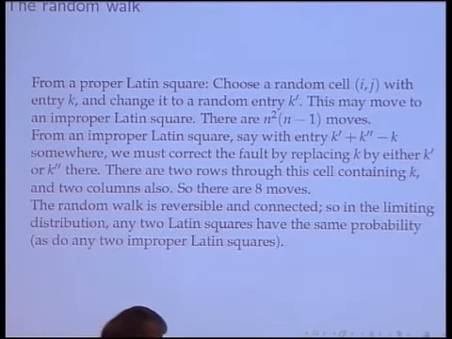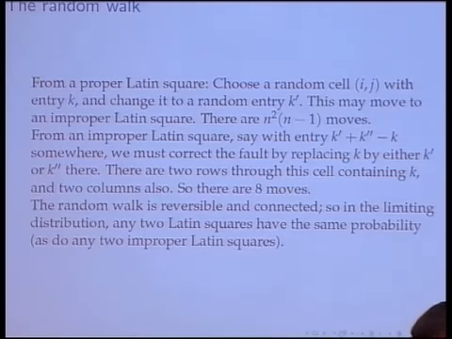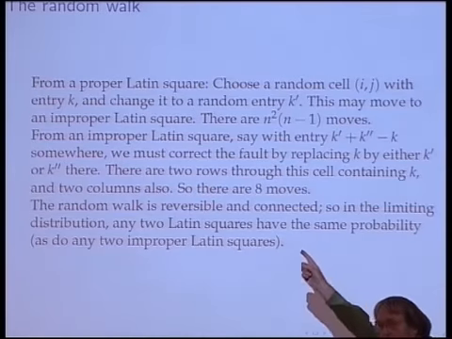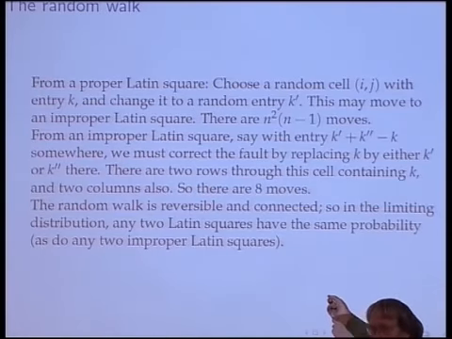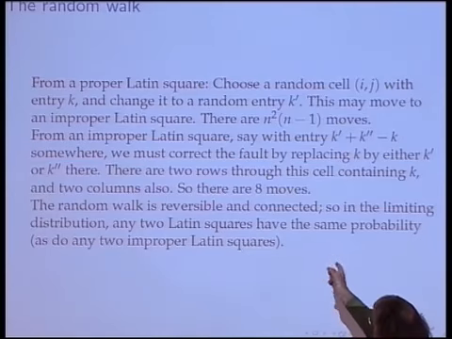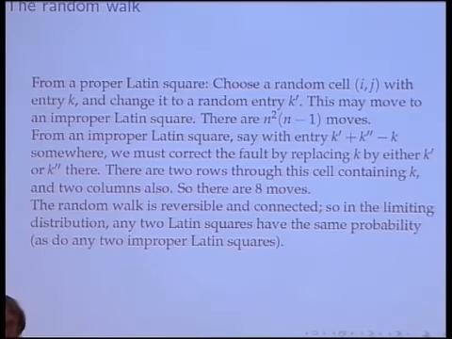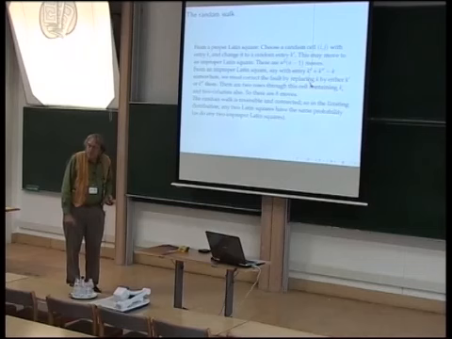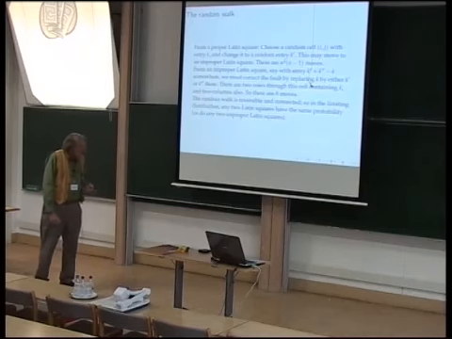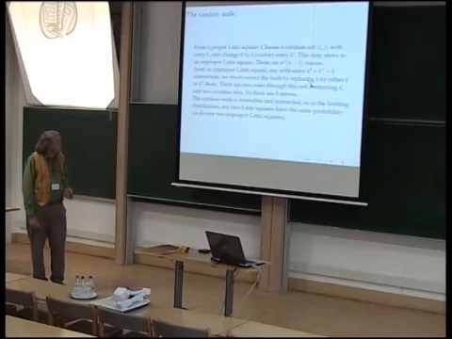If you think about it in the whole space, it's reversible and connected, and so the limiting distribution will be constant on the proper Latin squares, constant on the improper Latin squares, the ratio of the constants being the ratio of those two numbers, and that means that if I get back to the proper Latin squares, well, that's connected, and the limiting distribution is uniform.